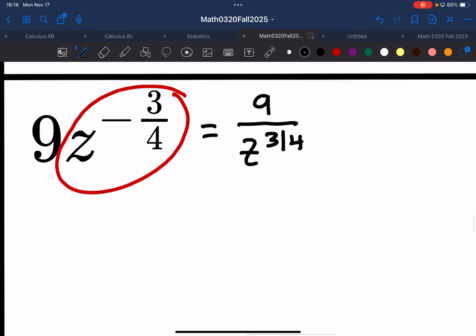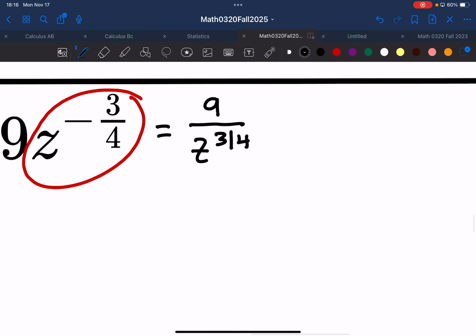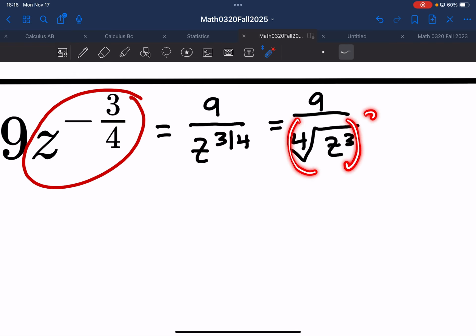Okay, 3/4 tells us that we're going to have what root? The fourth root of z to the third. Good, so this is 9 over the 4th root of z to the 3rd power. Remember, you can put that exponent inside the radical, or you could write it to the 3rd power this way.